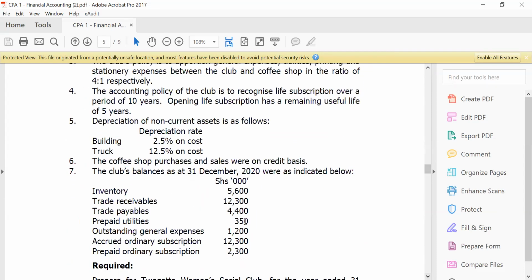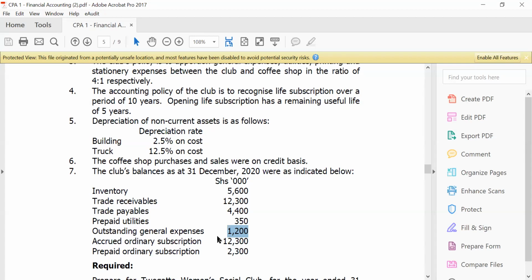Balance carried down is 1,200. So this is what I'll pick. Outstanding general expenses is another word for accrued general expenses. The two things are the same. In all cases, those general expenses have not yet been paid. So take good note of that. So they are not different. That is why I'm using the same word.